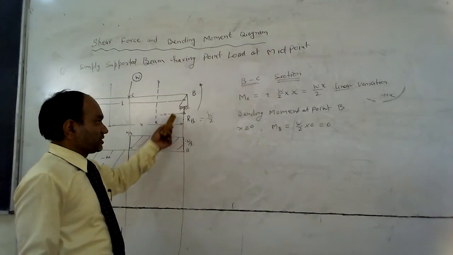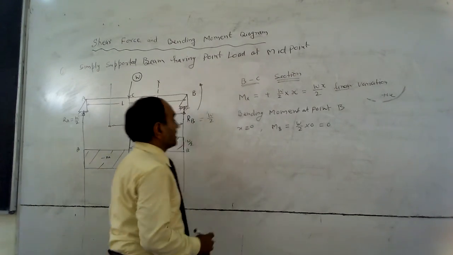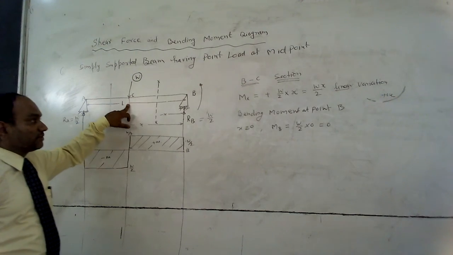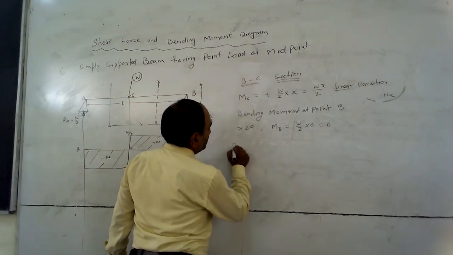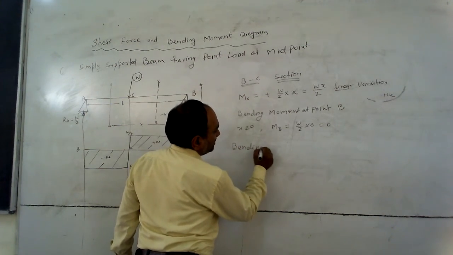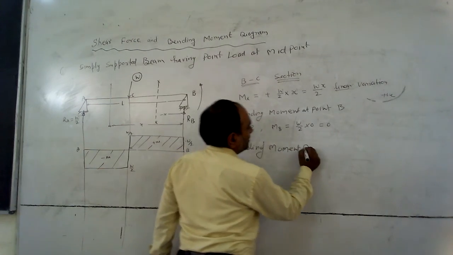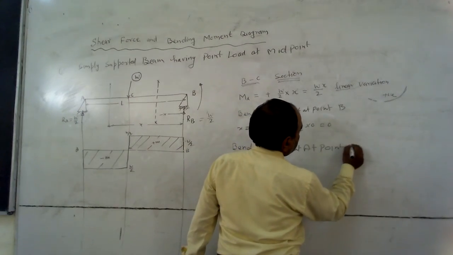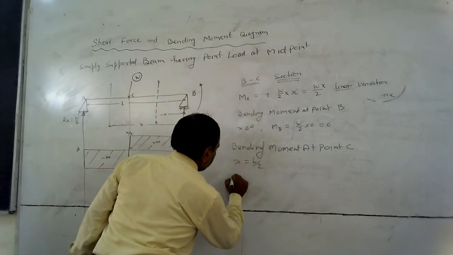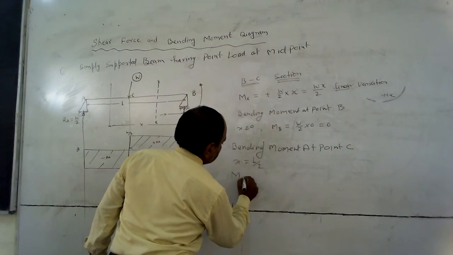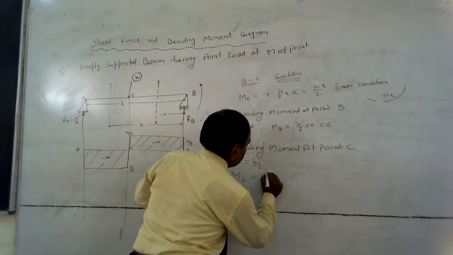Now I have to calculate the bending moment at point C, that is the midpoint. For the midpoint, bending moment at point C, x equal to L by 2, MC equal to W by 2.